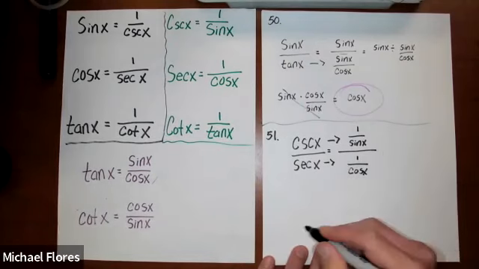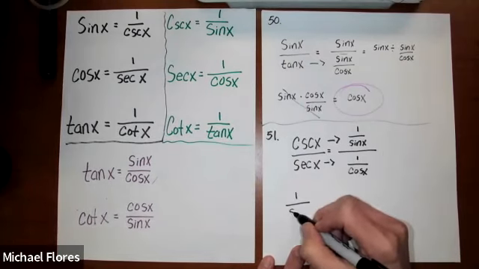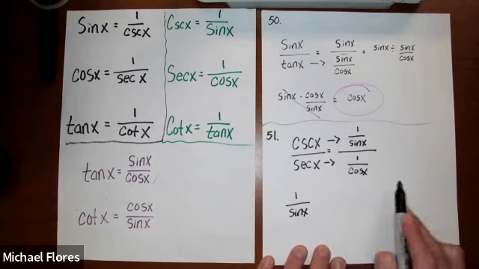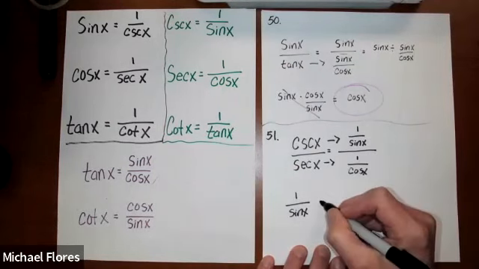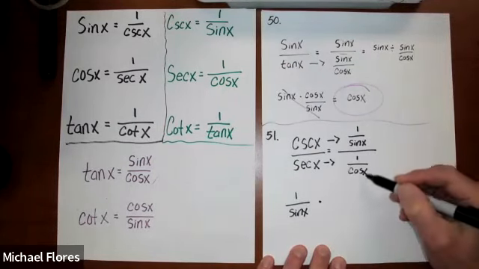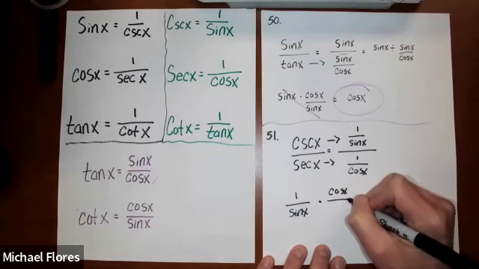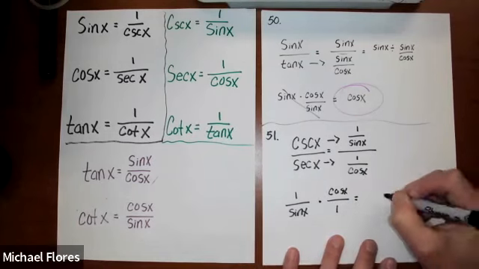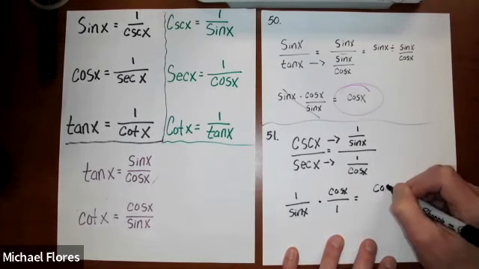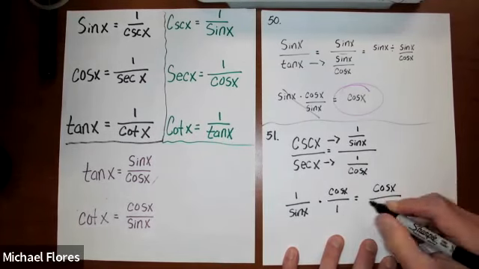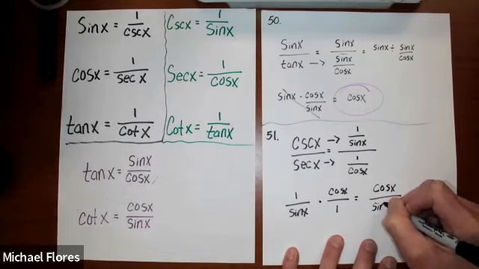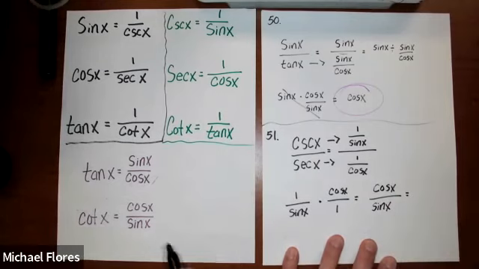Now I'm going to keep 1 over sine of x, change from division to multiplication, and flip 1 over cosine to cosine over 1, and then multiply. And now we have the quotient identity of cotangent.